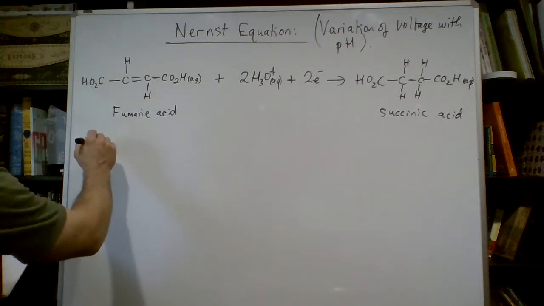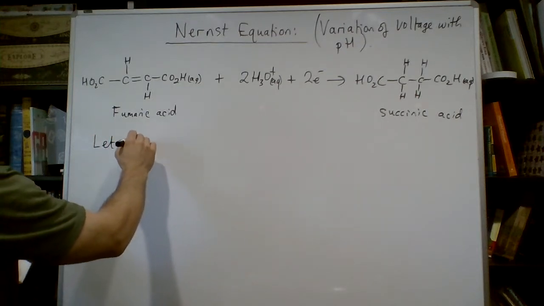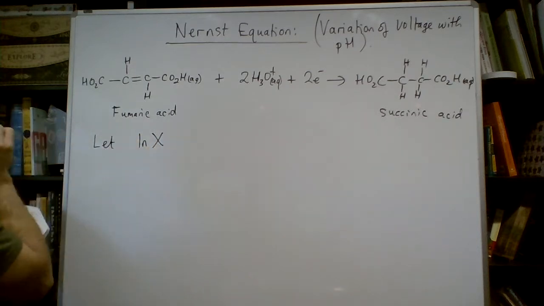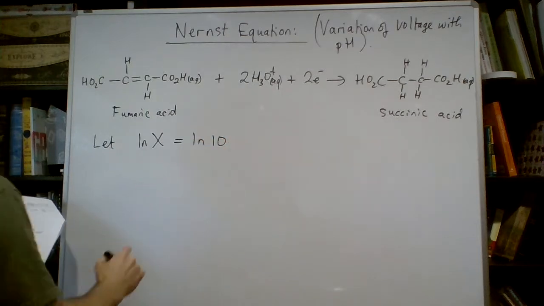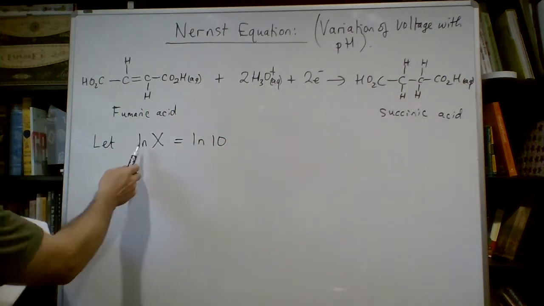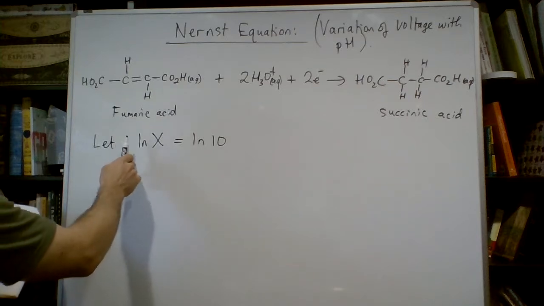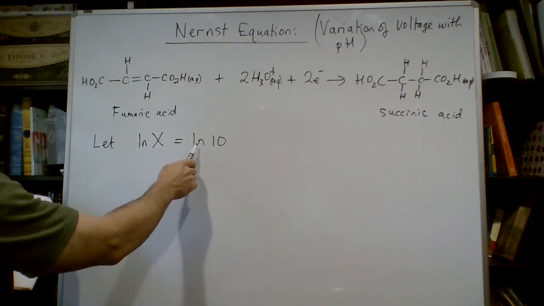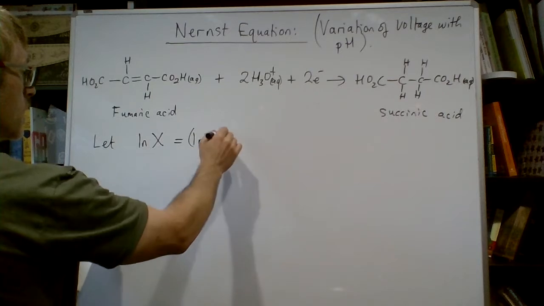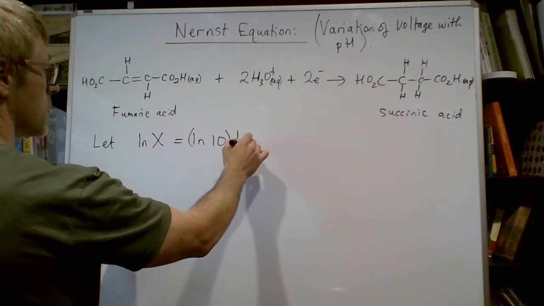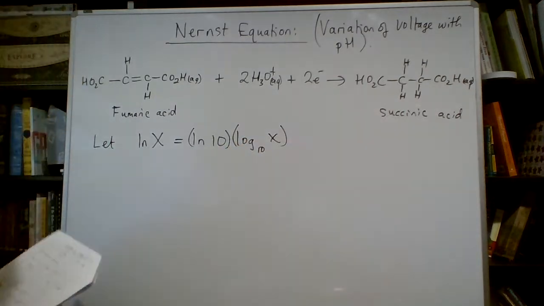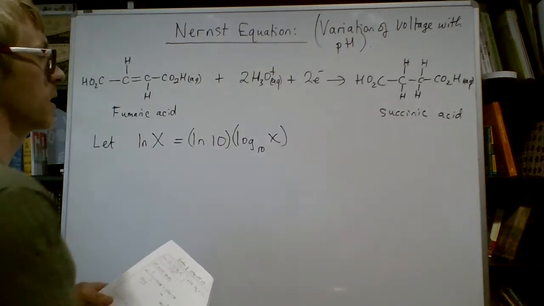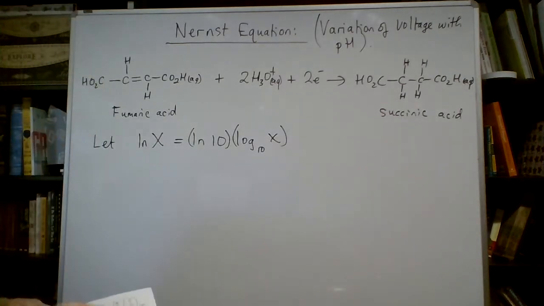Okay, so let log of x equal log of 10. Now notice I've got log base e of x. Let log base e of x equal log base e of 10 multiplied by log base 10 of x. So we're calling on some log rules here.